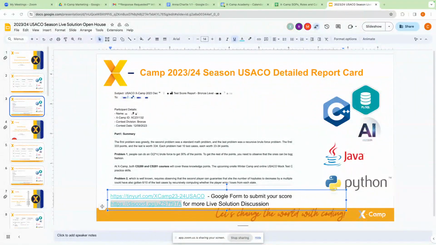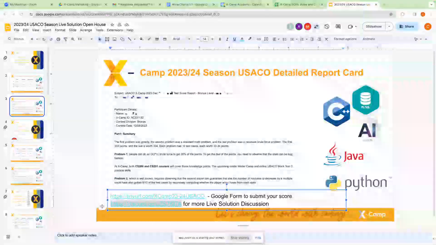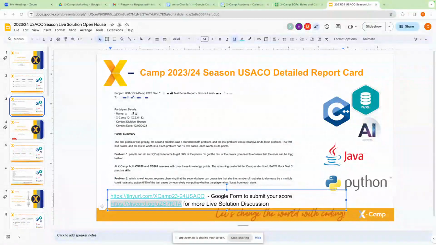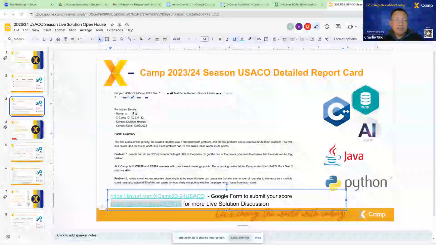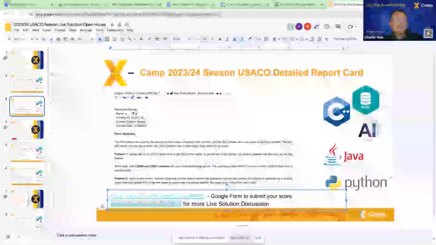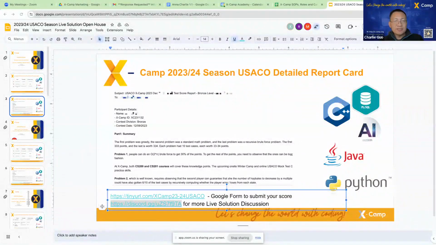Wait, do I even have to fill out the form? If you don't like to, it's okay. If you don't like this report card. By the way, I am not in XCamp. Yeah, this is not for XCamp students only. If you are not in XCamp, you are recommended to fill in this form so you can get a report card. But do I need to? No, it's not required. It's recommended. But does my mom want me to?